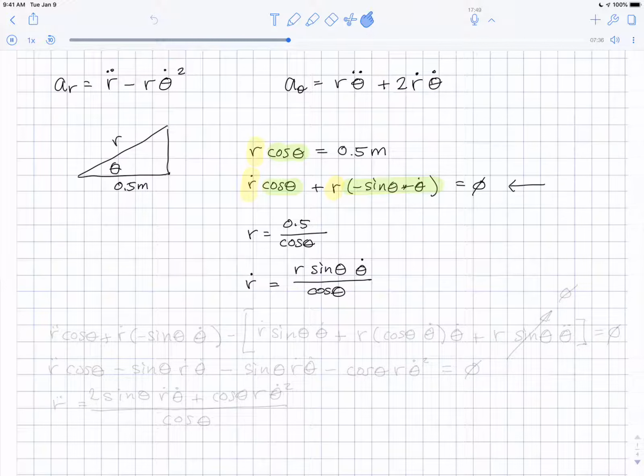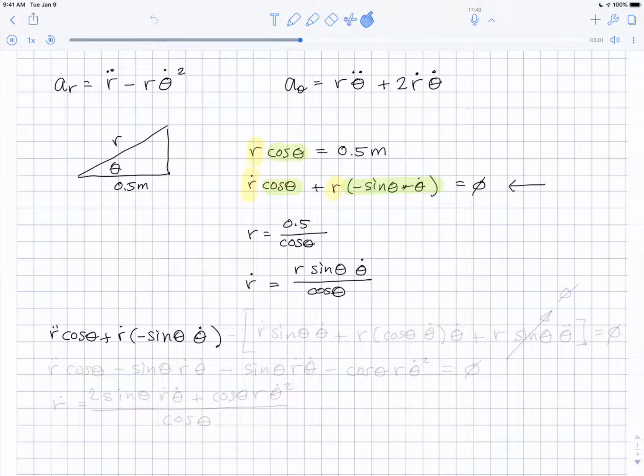So the derivative of r dot cos theta is r double dot cos theta plus r dot times the derivative of cos theta, which is minus sine theta theta dot, plus the triple product rule. There's three things there: r, sine theta, and theta dot.